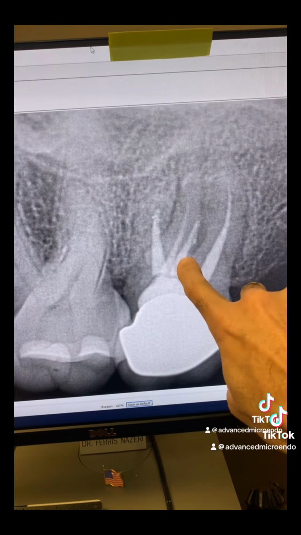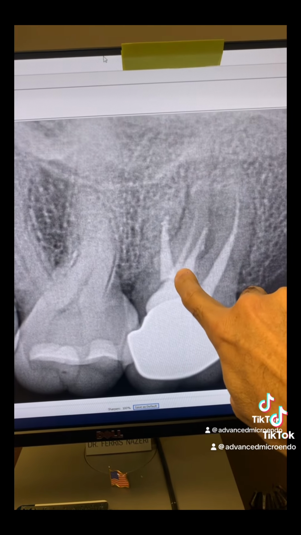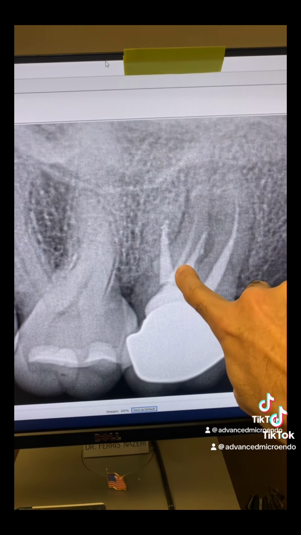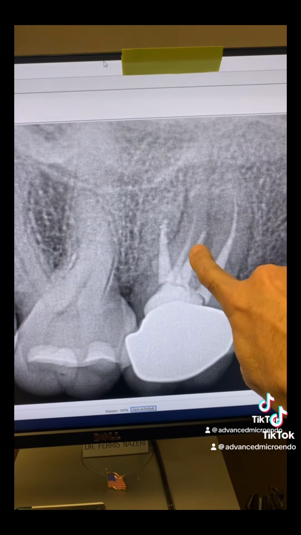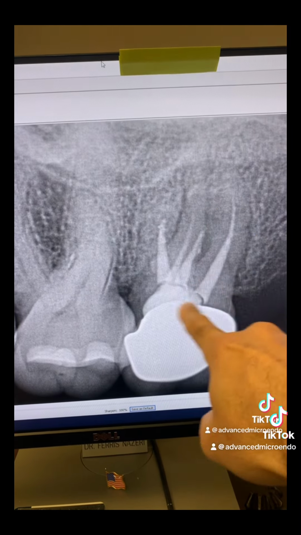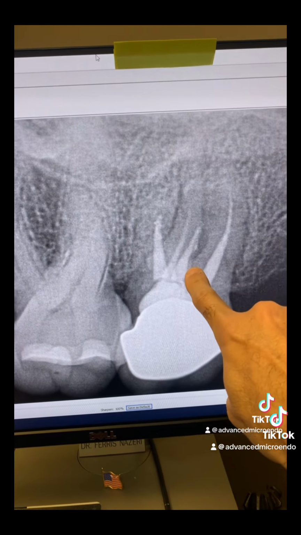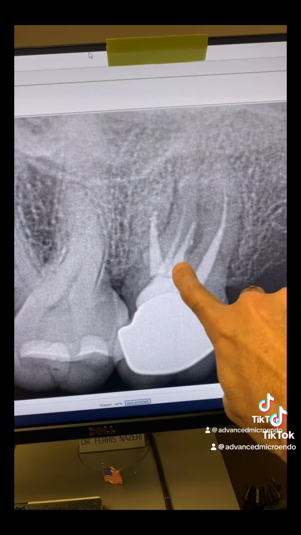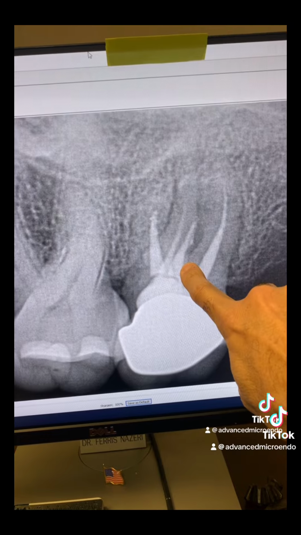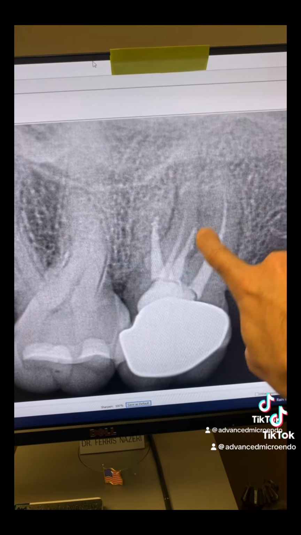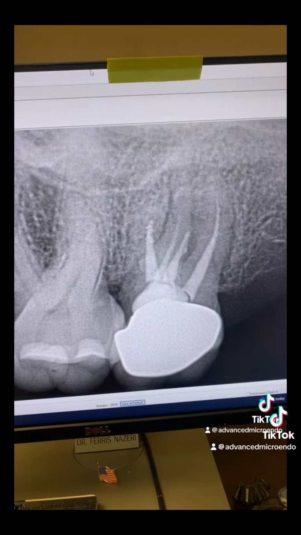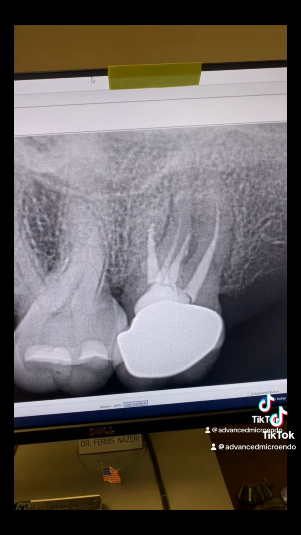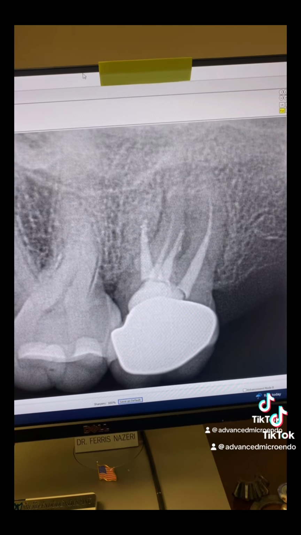He was probably looking for this distal buccal and perforated right out of it, and then I think found the distal buccal and was kind of confused, had no idea what he was doing, didn't even realize, maybe he did, that he perforated, and he actually obturated the perforation with gutta-percha and sealer. So that's why this root canal has failed.